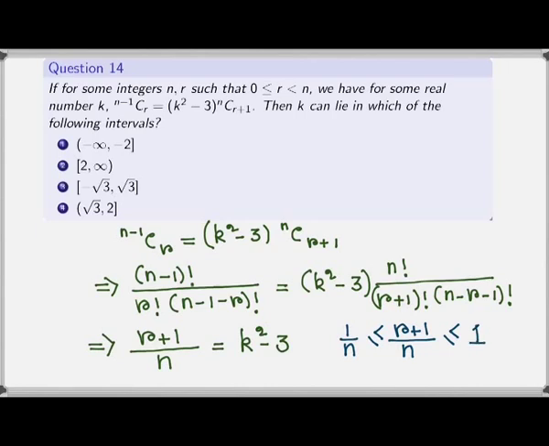That means we have 1/n less than or equal to k² − 3, and this is less than or equal to 1. We write it here again.